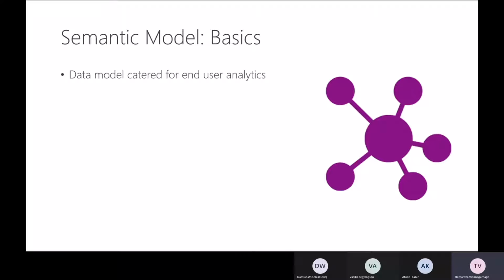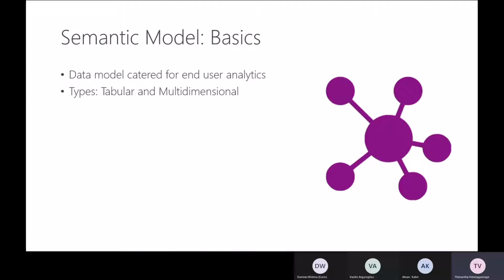So a semantic model is simply a data model that's catering for end user analytics. End user analytics means it would cater to the analytical purposes of the users in an organization or company who engage in data-driven decision making.